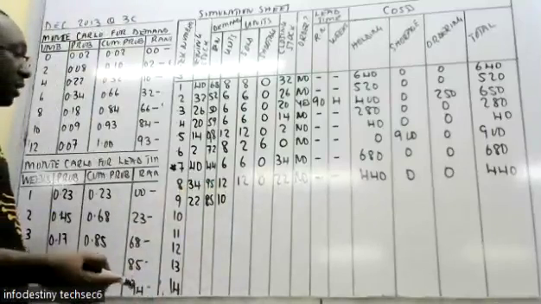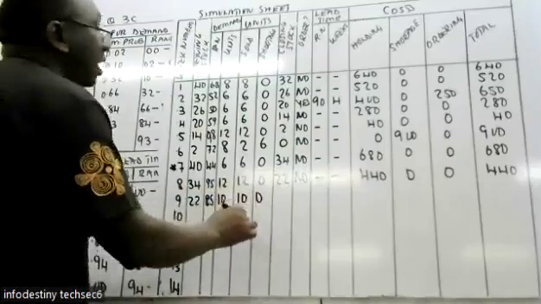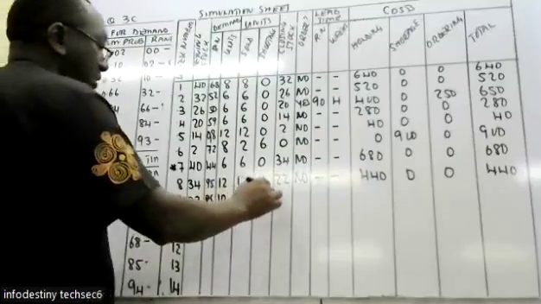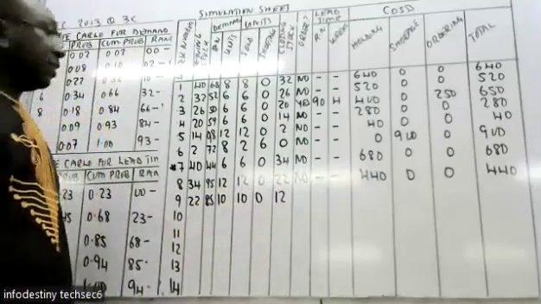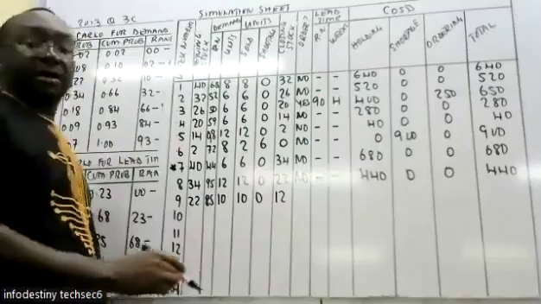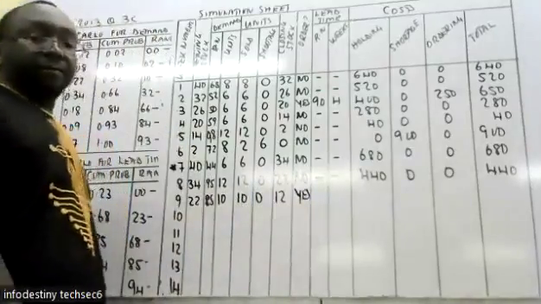So how many do we sell? 10. No one goes home without. So we close with what? With 12. Do we make an order? Yes. We make an order.